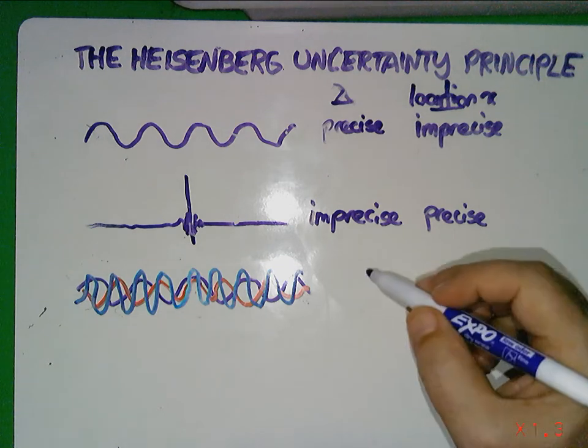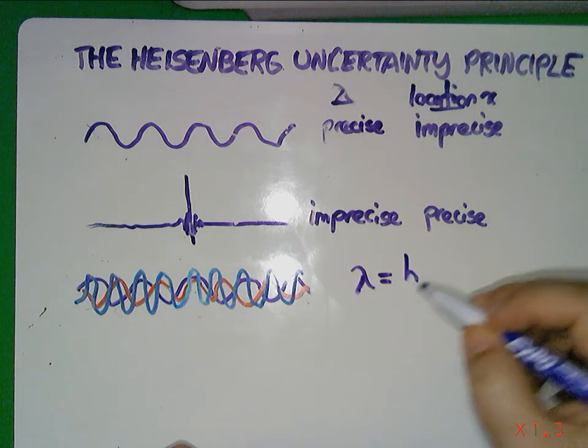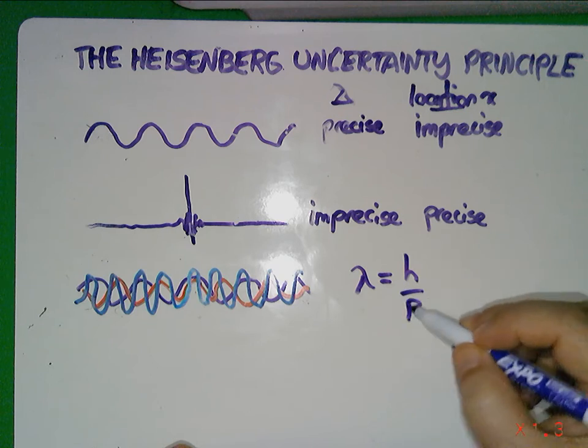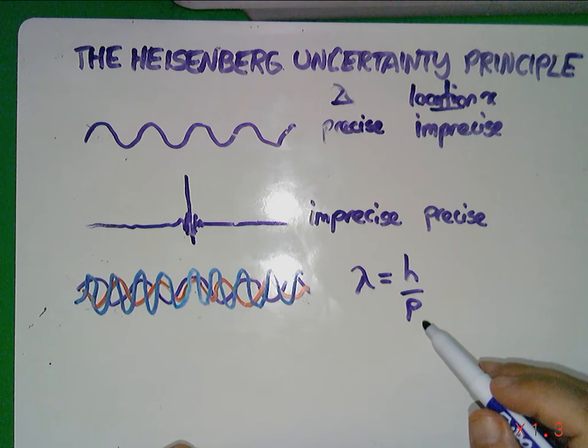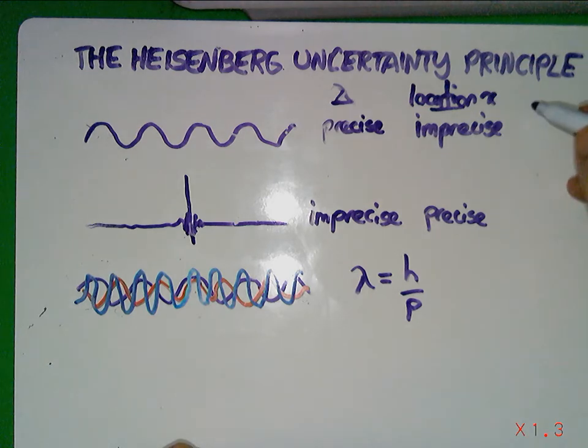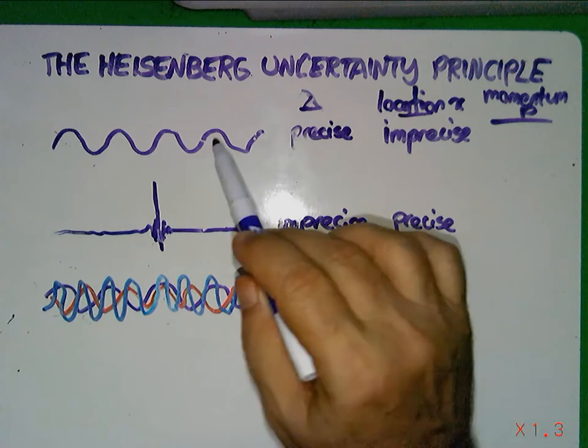The de Broglie equation says that wavelength is Planck's constant over the momentum, p. So if I'm going to add a p column here, momentum p, can I say that I know the momentum precisely or imprecisely for this wave?